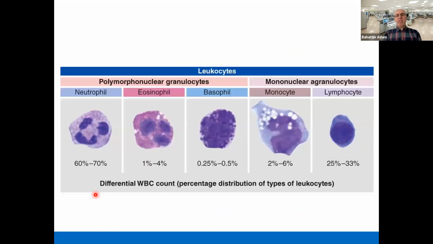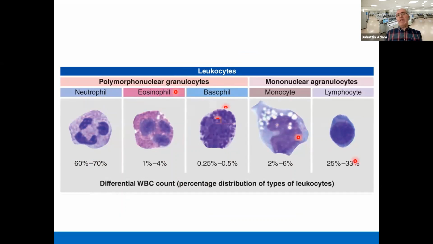Now, as you see the structure of the leukocytes, the white blood cells again, the neutrophil, eosinophil, and basophil are also known as polymorphonuclear granulocytes.